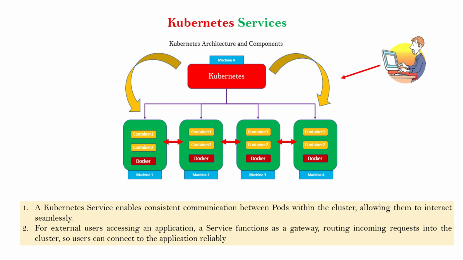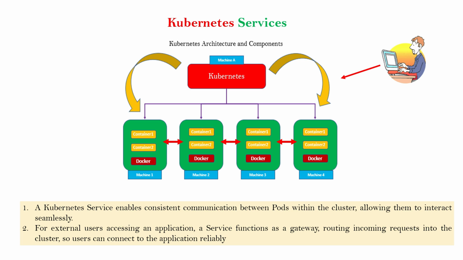So if we have deployed some applications inside the Kubernetes cluster and some user wants to access them from outside the Kubernetes cluster network, then we have to create a service. For example, in a traditional environment, we deploy the application on servers, and then we have a web server, and sometimes front-end load balancers as well.